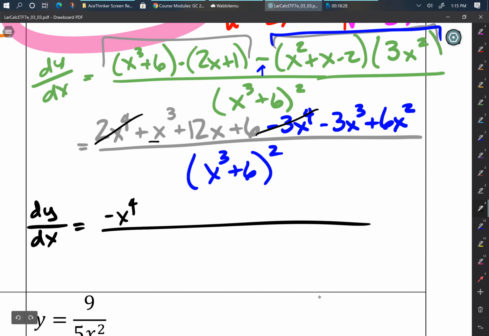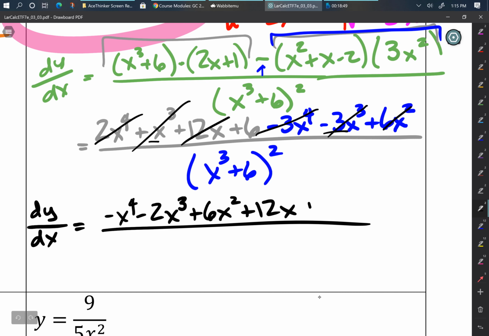I got a positive x cubed and negative 3x cubed for a negative 2x cubed. Then I got a positive 6x squared. And then I've got a positive 12x. And then I've got a positive 6. All divided by x cubed plus 6 squared.